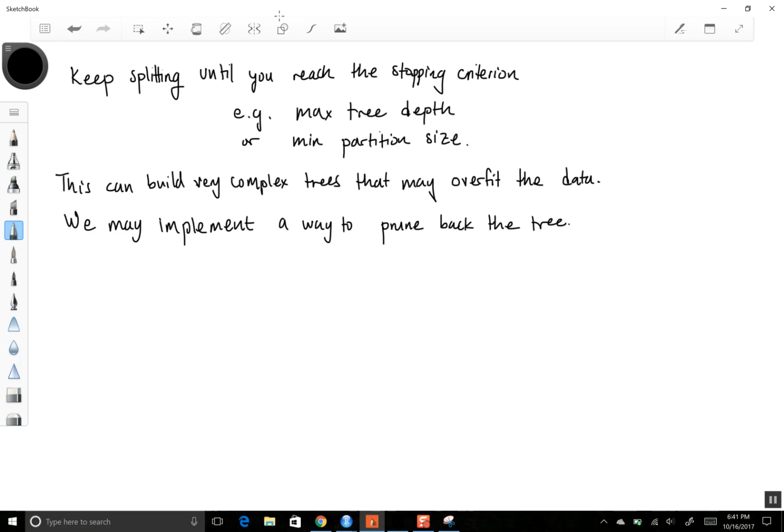And we'll say let T0 be the very complex tree.